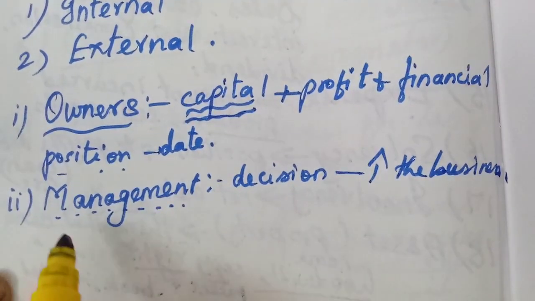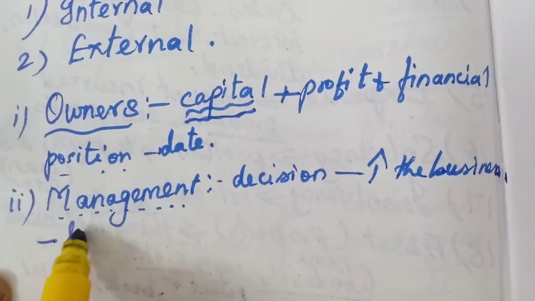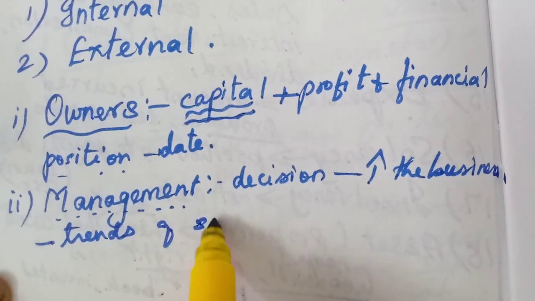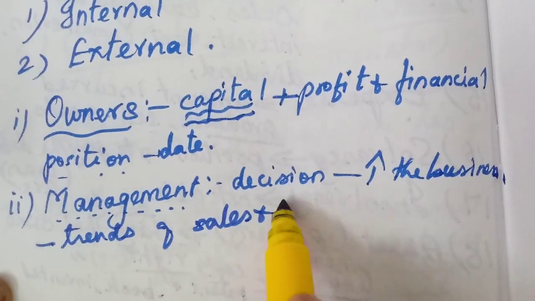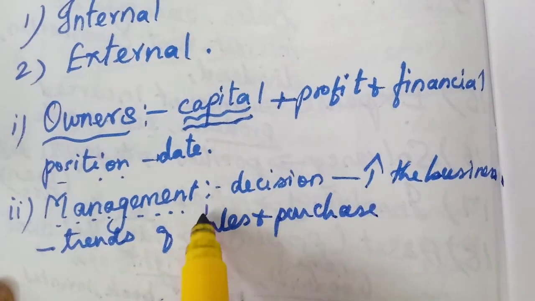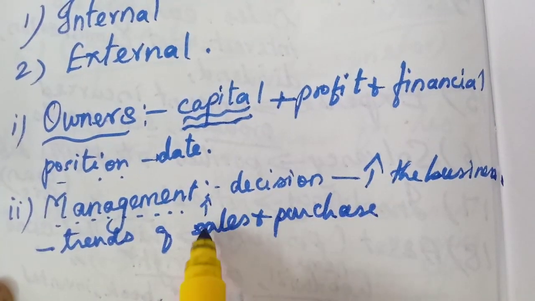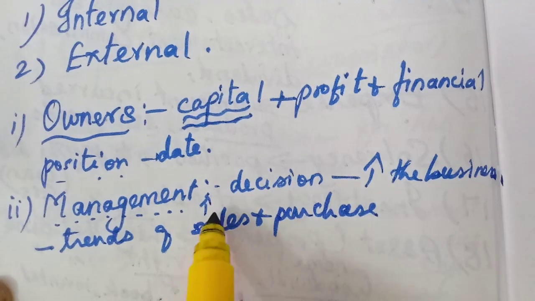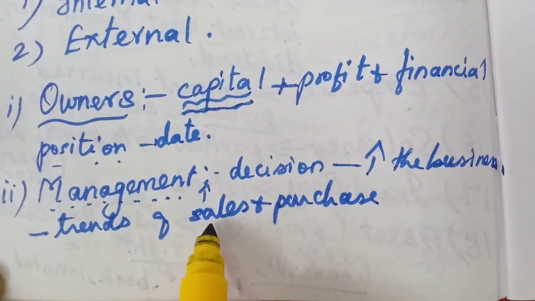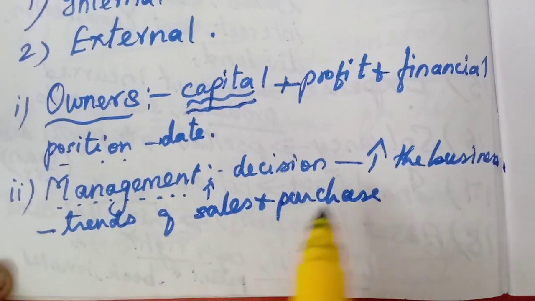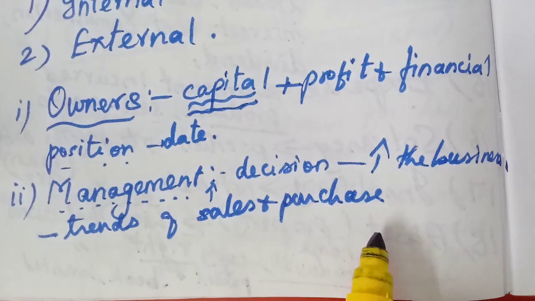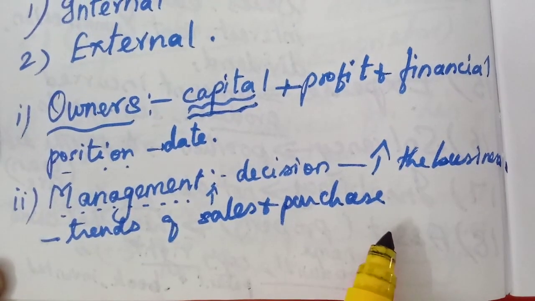With the financial information, they will calculate the trends of sales and purchases. In the sense, what is the trend? Whether it is an increasing trend. Are we selling more goods when compared with the last year? Whether this year's sale is more than the sale of last year. Or the purchase, what is the purchase price of last year and what is the purchase price of this year.